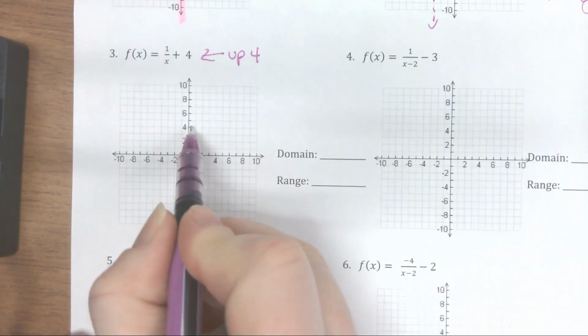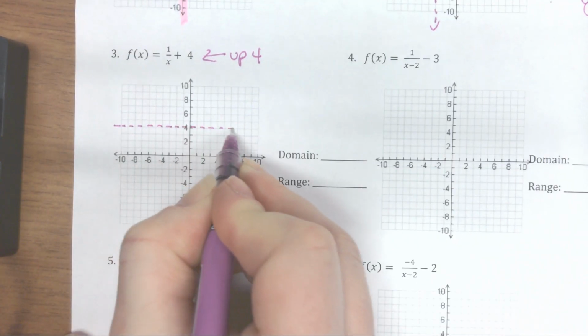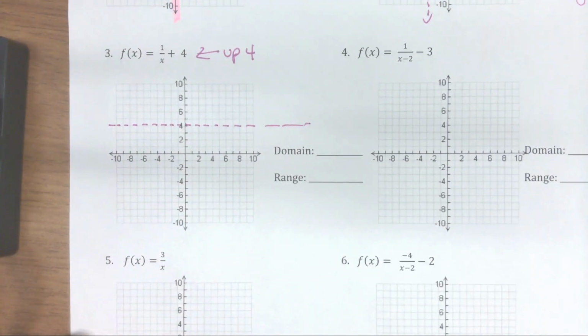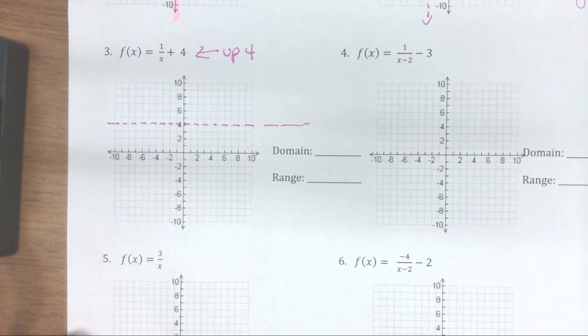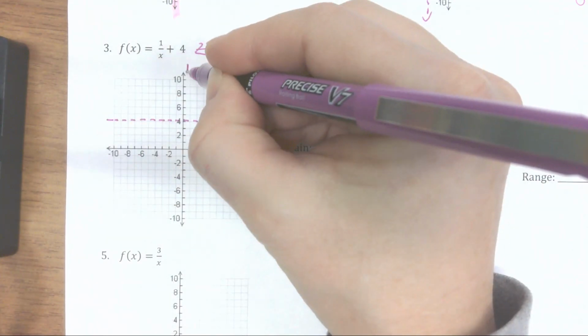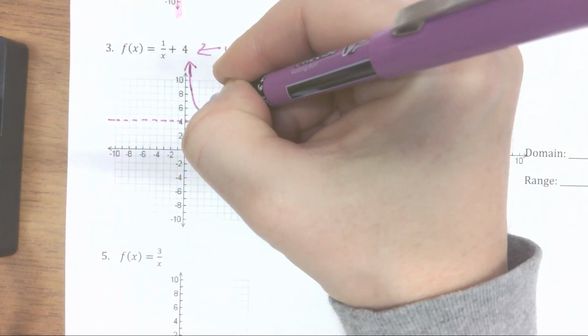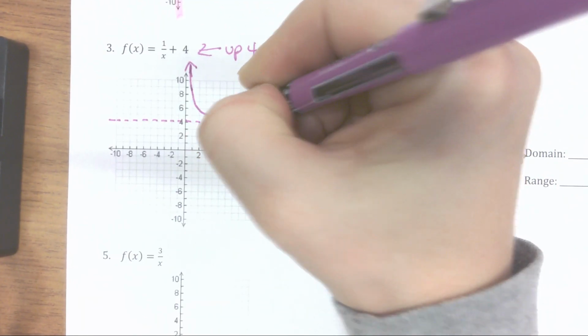Okay. All right, let's sketch. So for question 3, we're going to move it up 4. We're not going to change the center of the graph, and let's make our 2 curves. So the curve here still approaches the y-axis, but this time we make it approach 4.